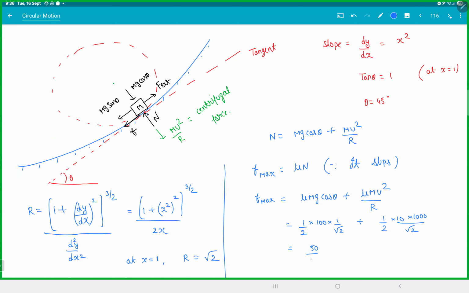That is 50 by root 2, plus 500 by root 2. 550 by root 2 Newton. So if you had forgotten that mv square by r, you would have ended up with the 50 by root 2 there. Check. That's your answer.